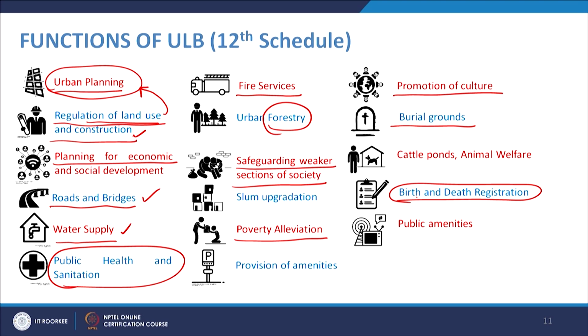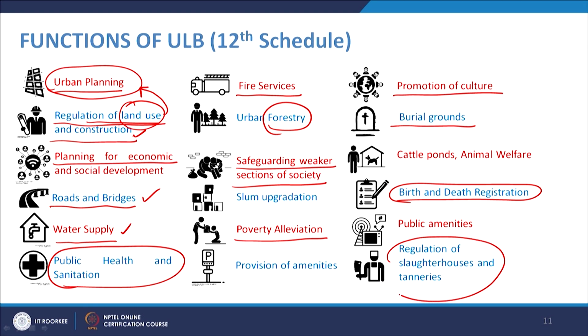Then public amenities: there could be some public amenities like public conveniences, paid toilets and all those facilities, Wi-Fi areas, that could also be provided by the municipalities. And the regulation of slaughterhouses and tanneries. Even though we have discussed land use regulation, it is mentioned separately that in urban areas slaughterhouses and tanneries are a very important part.